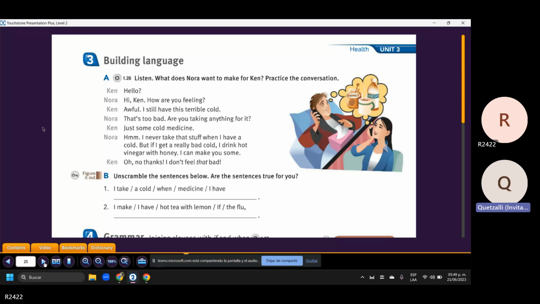Sometimes I have tea and honey with lemon, but I have an uncle who makes a strange beverage like garlic with honey and milk to heal a sore throat or colds.